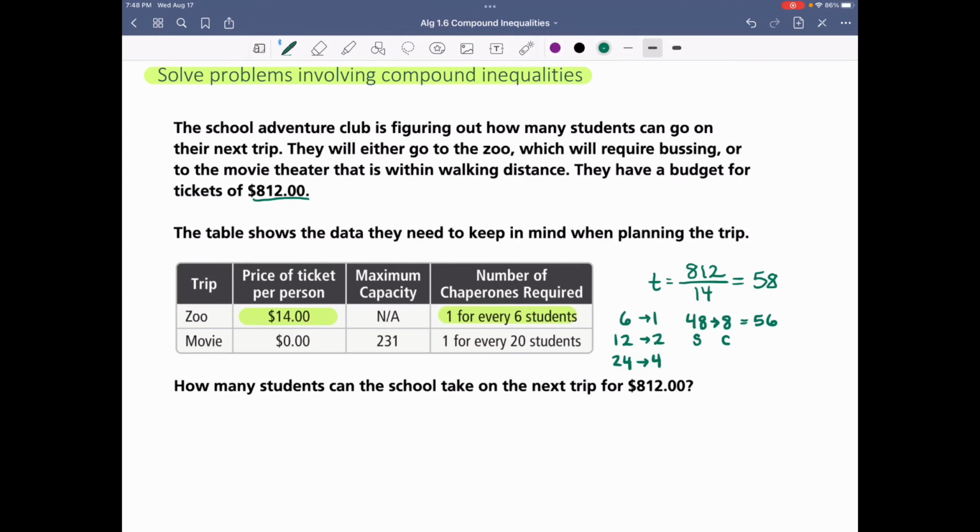From there, we can say that we can have students less than or equal to 48. That's how many students can go to the zoo.